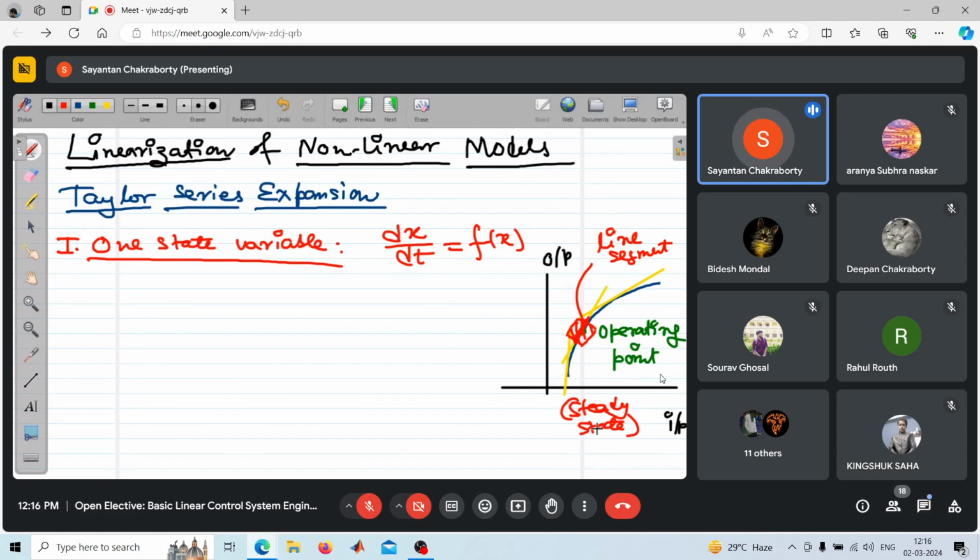So we can consider the system to behave in that linear fashion only within this operating region, and this particular model is valid in the defined neighborhood about that operating point. In a similar fashion, you can assume another operating point, say over here, and define another neighborhood like this, where it can be approximated by this straight line segment. So around this operating point, you get another mathematical model.